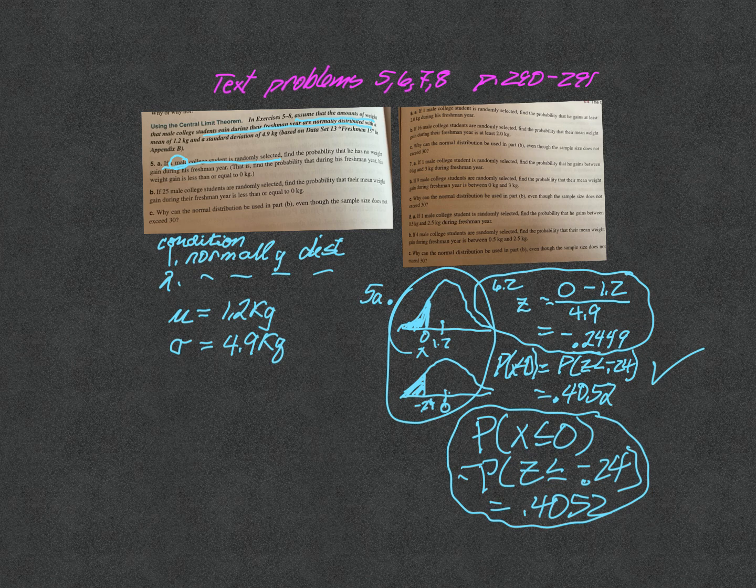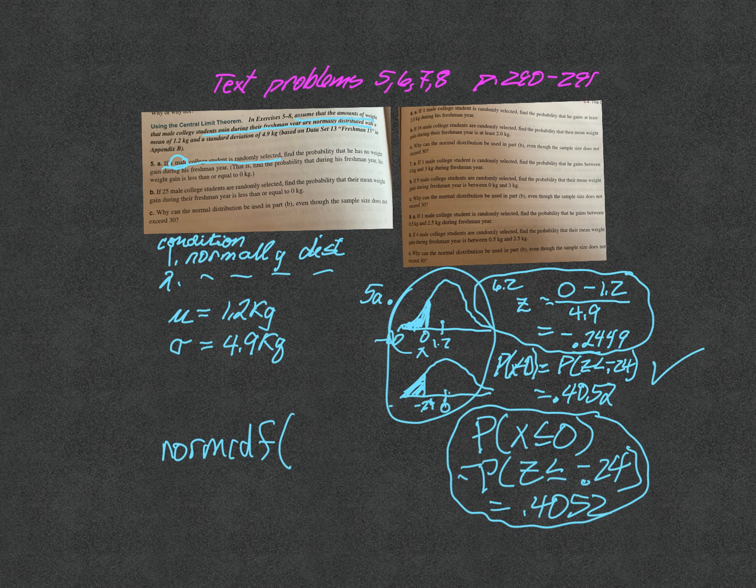Now, just so you know, I can do this on a calculator. On the calculator, this would be a normal CDF, and we are going from negative infinity up to 0. So I'll do second distribution, normal CDF.